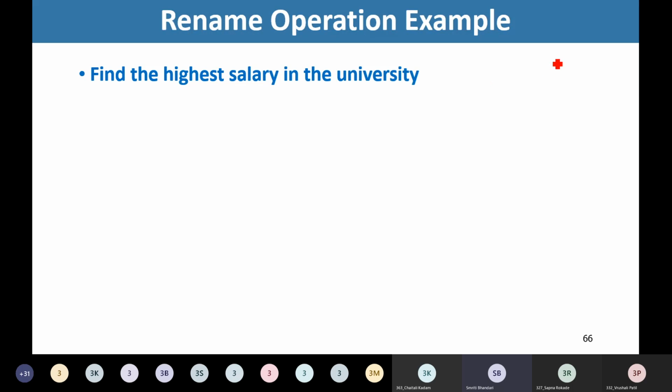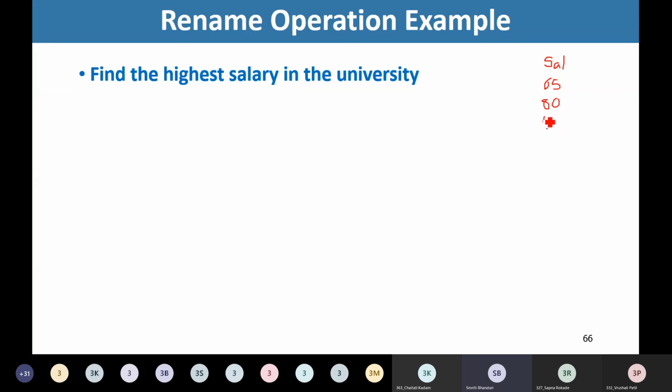Okay, so we are interested in only the attribute salary, so let us assume only the salary attribute of the instructor table. Suppose the first instructor has a salary of, say, 65,000. Second instructor, say salary is 80,000.